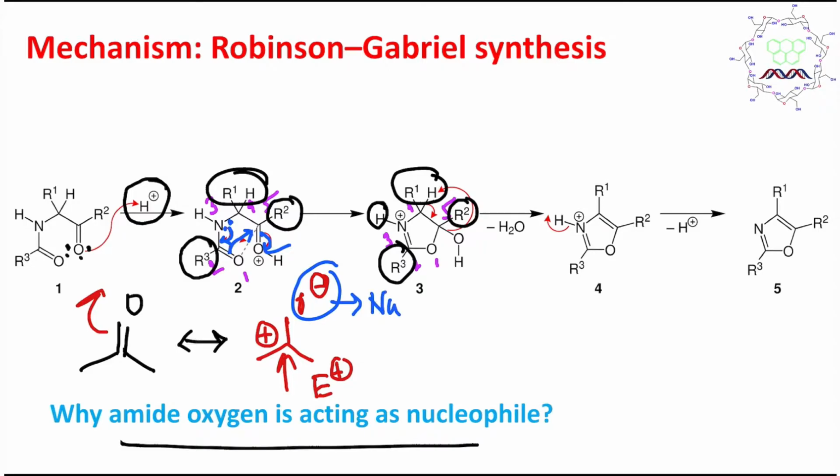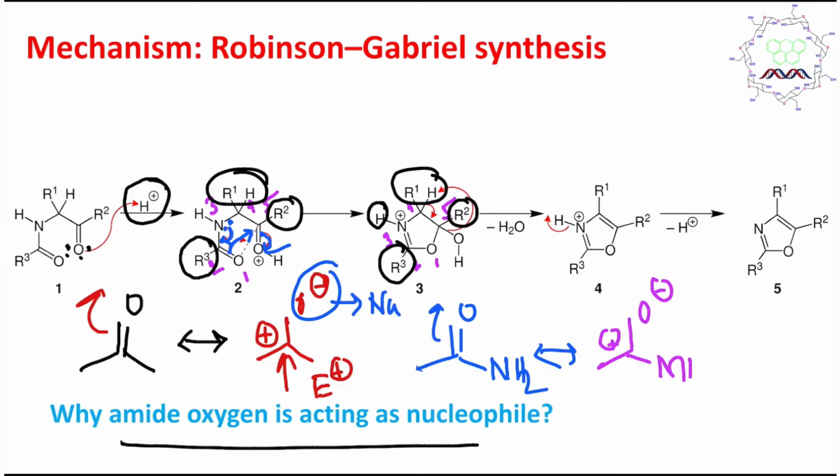Fine. Now second thing, if you look at this amide, it can also have such a canonical form, meaning this is O minus, this is plus, and this is NH2. But it can have another canonical form, meaning the lone pair of nitrogen could be donated here, so you can consider this is the O minus, and this is the NH2 plus.